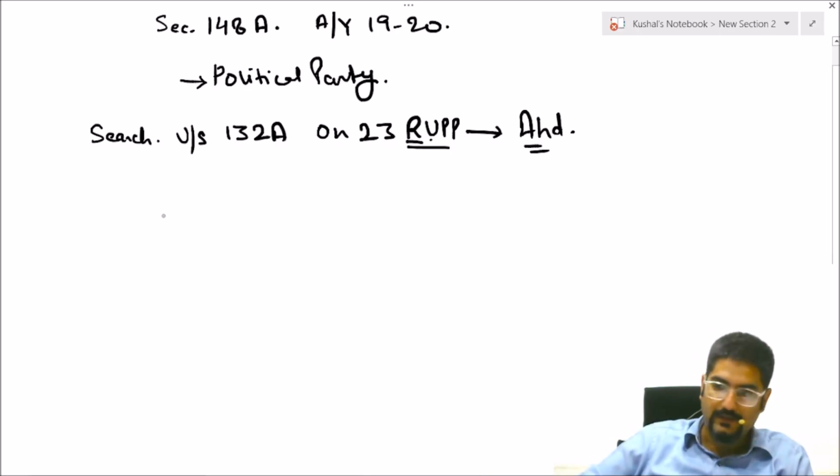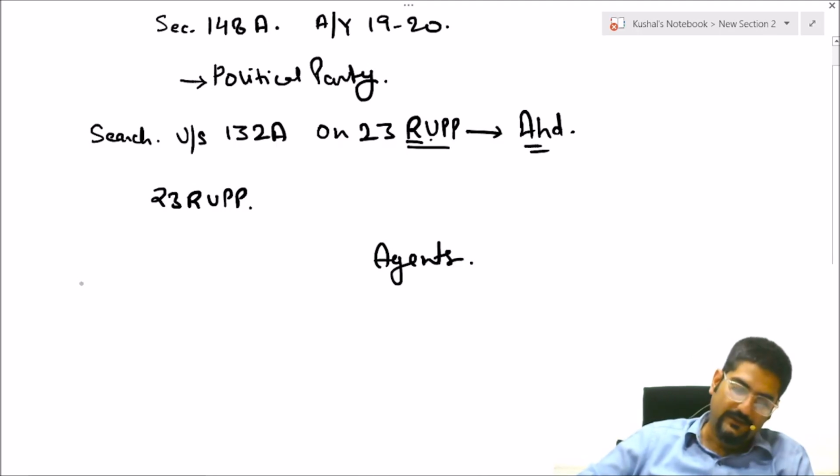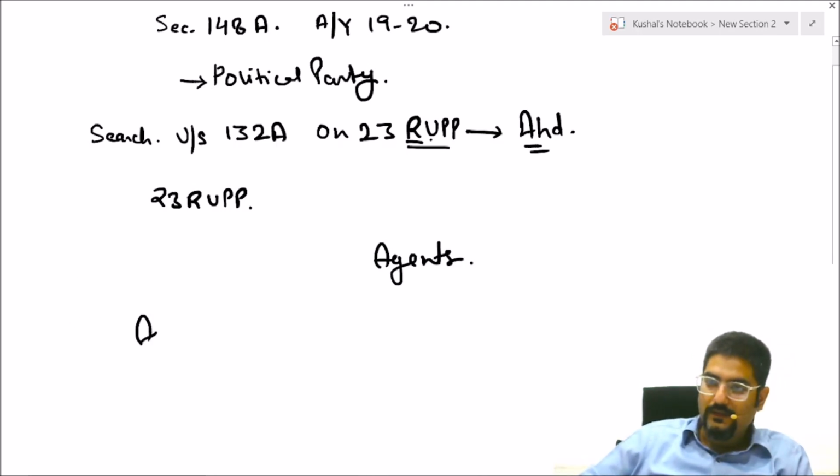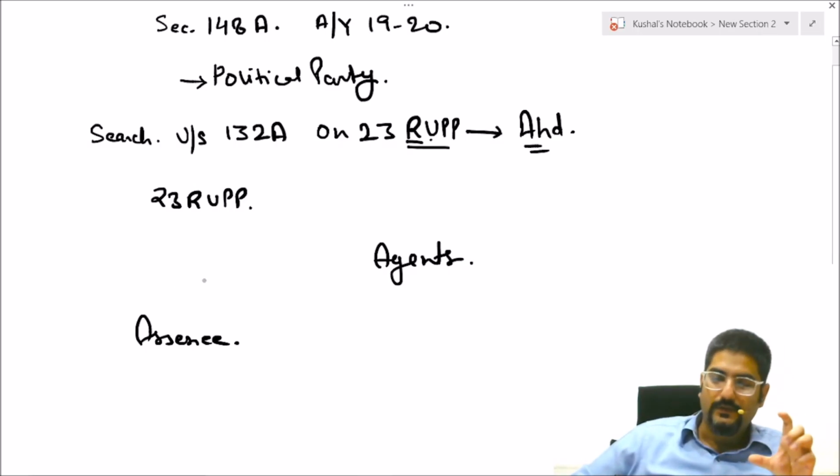There are 23 RUPPs, political parties, there are a few agents, handlers, and there is the assessee on one side. Let's see how the taxpayers or the political parties are evading tax.